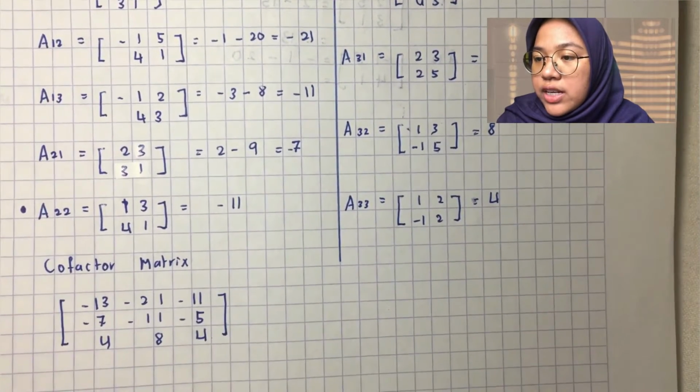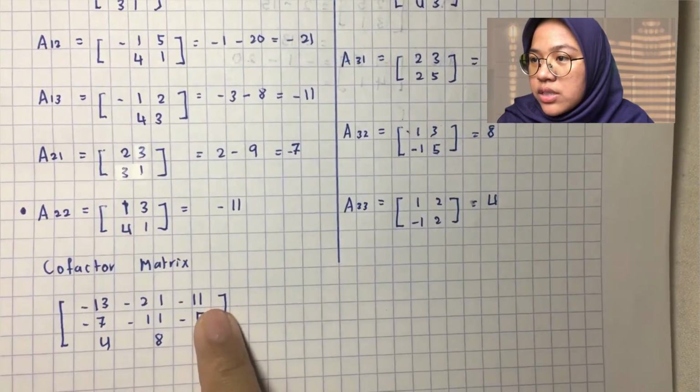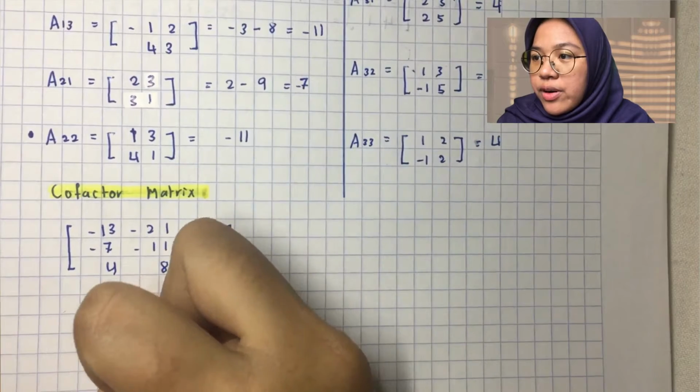But this is not the final answer for cofactor matrix. This is the cofactor matrix from all 9 cofactors that we already did before.